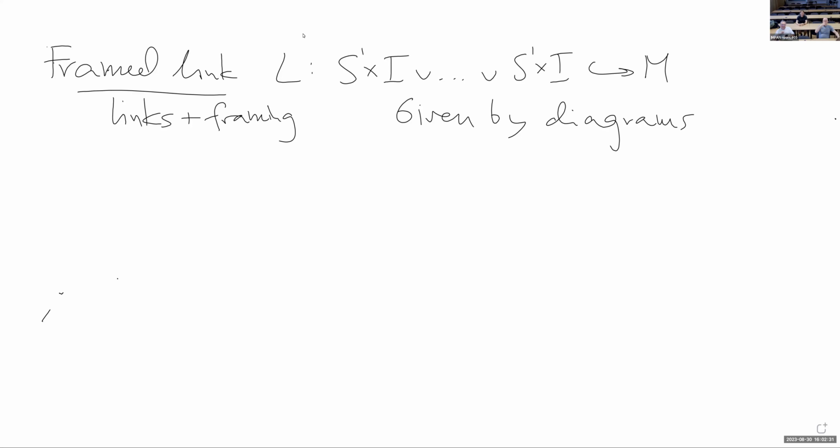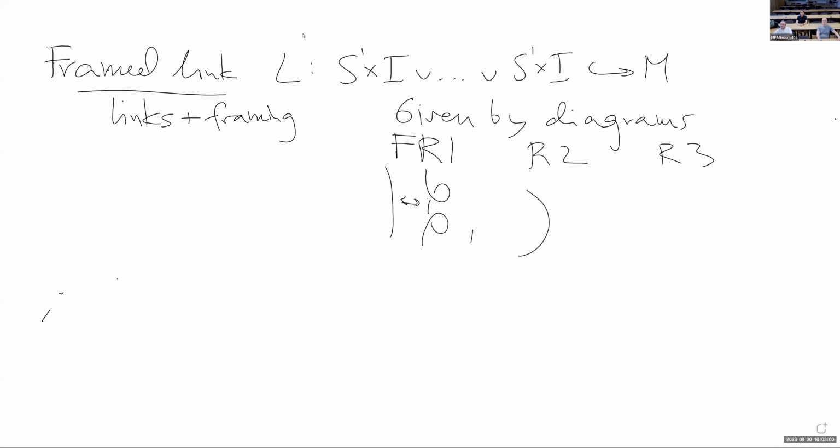So they are given by diagrams and up to relations, where the first one is the framed Reidemeister relation, and it can be drawn like that. So you have positive and negative kink of sorts here, and then the other two are just the standard relations, R2 and R3.